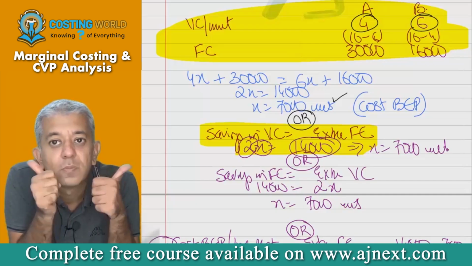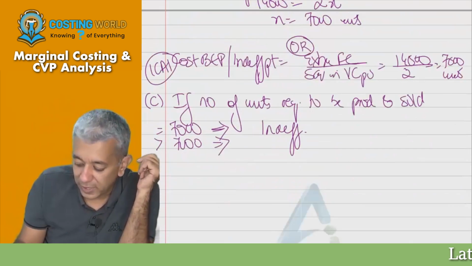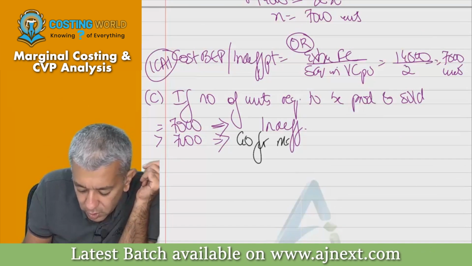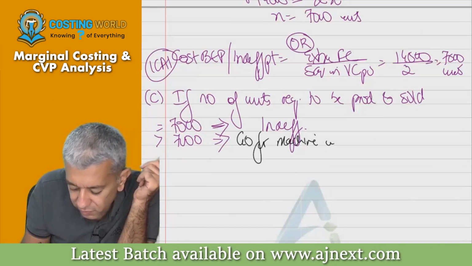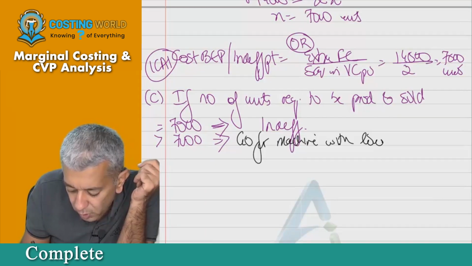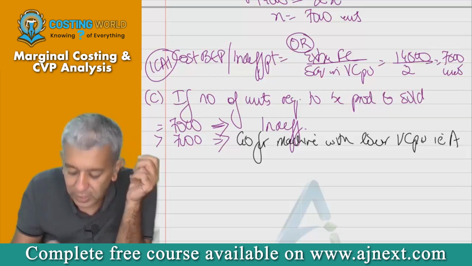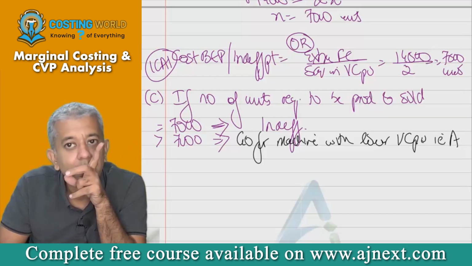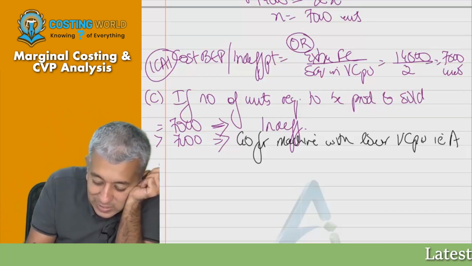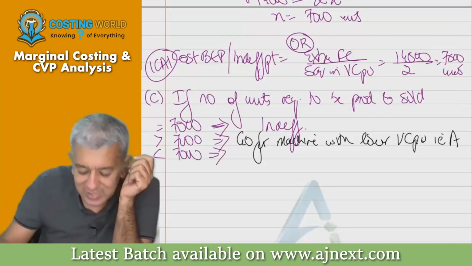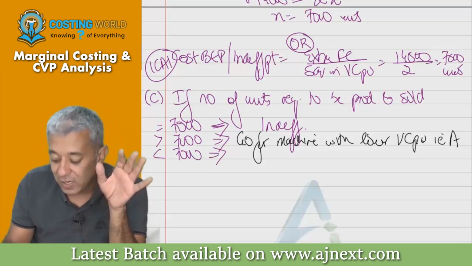So in this case, beyond 7,000, go for the machine with lower VC per unit, that is machine A. Is this understood? And lastly, lesser than 7,000, obviously machine B is better, but I will give you the reason why.